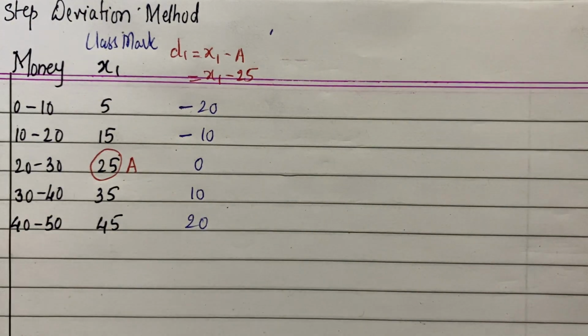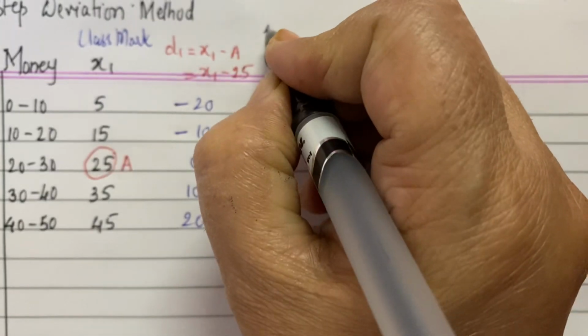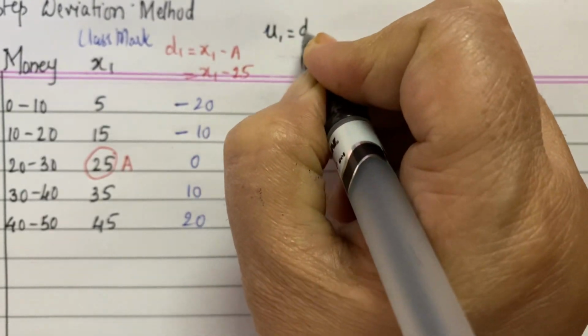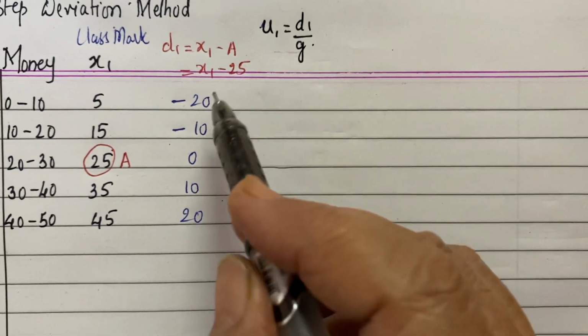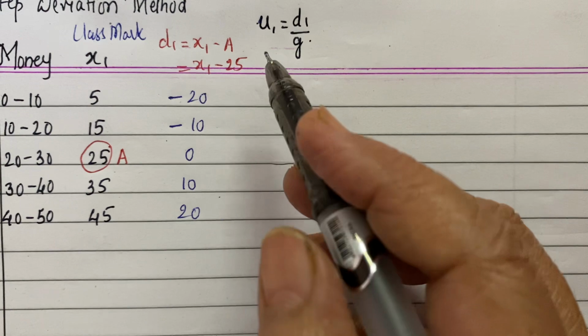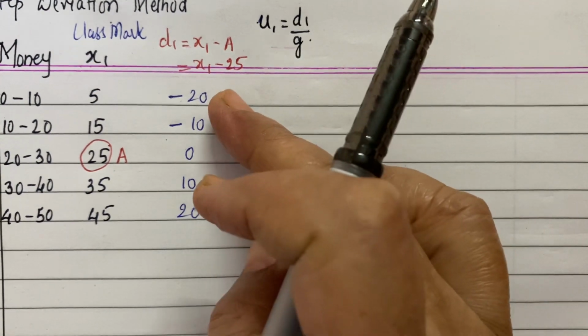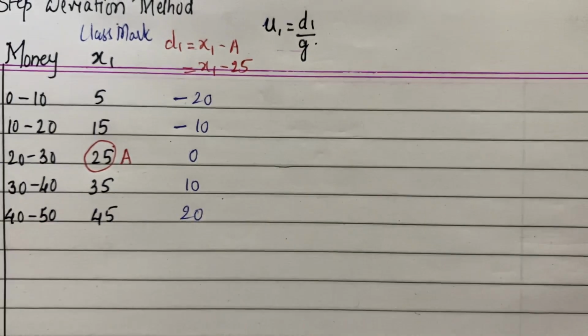This ui is given by the formula ui is equal to di upon g, where g is the greatest common divisor of these deviations. The greatest common divisor means the factor which is common to all the terms.